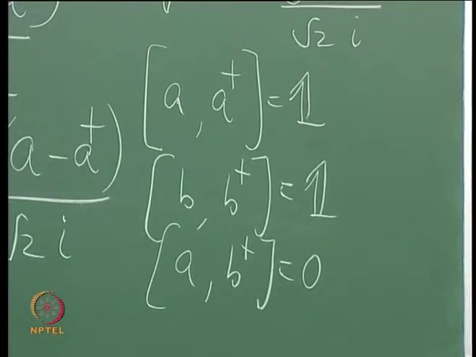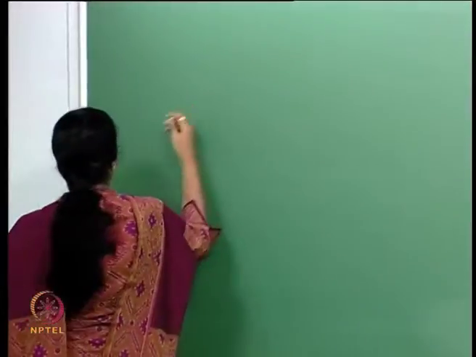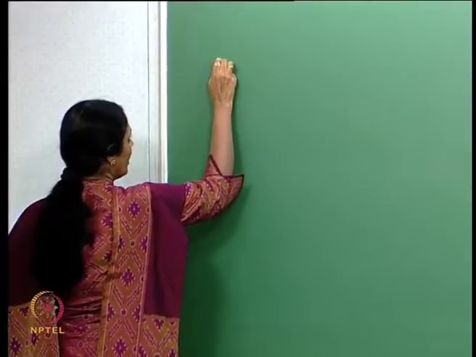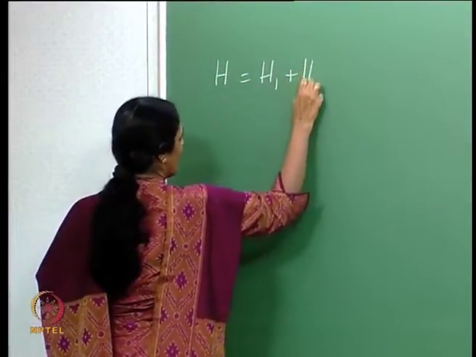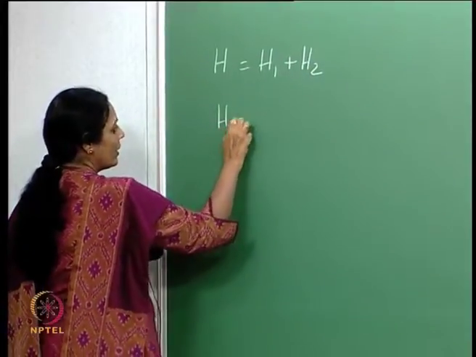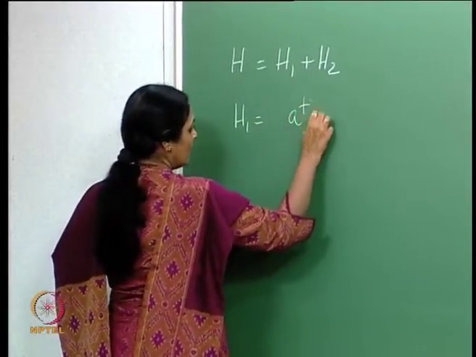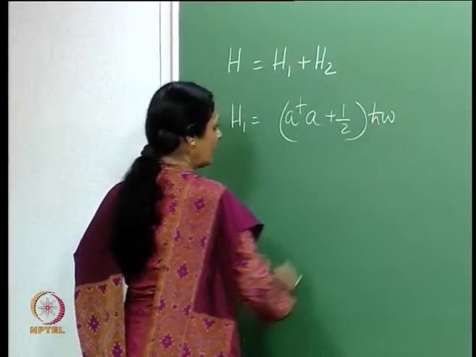What is the composite system? The composite system has a Hamiltonian which is going to be the sum of H1 and H2. I could write H1 in terms of a and a dagger as a dagger a plus half h cross omega.